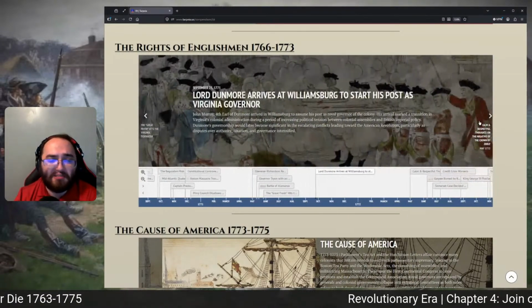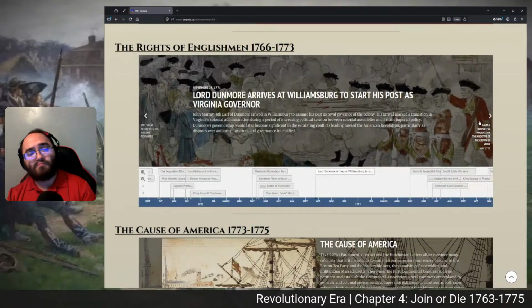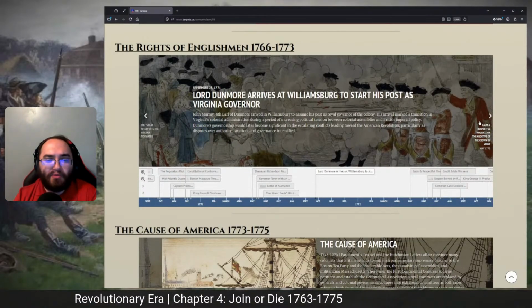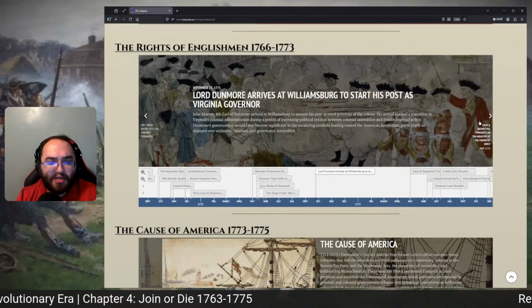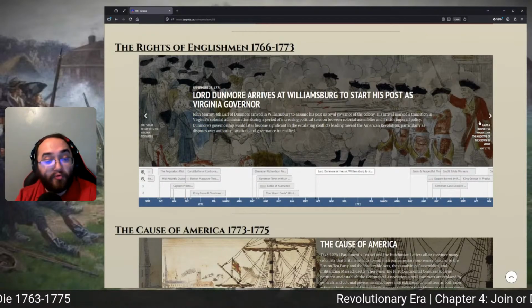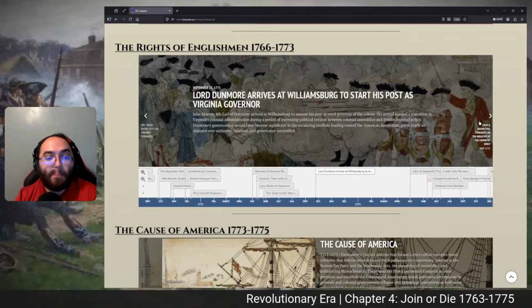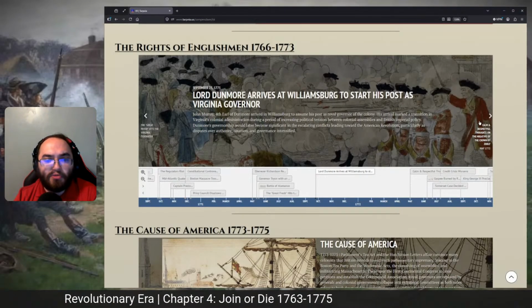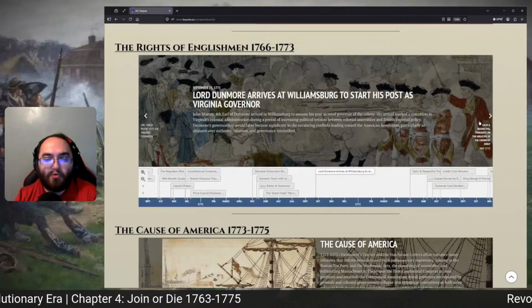Now you have Lord Dunmore. He arrives at Williamsburg to start his post as the Virginia governor. John Murray, the fourth Earl of Dunmore, arrived in Williamsburg to assume his post as royal governor of the colony.